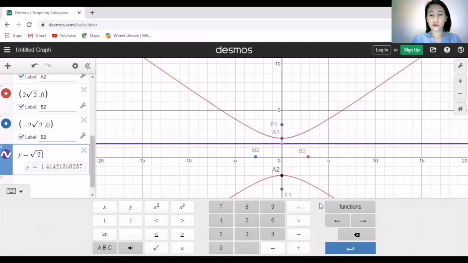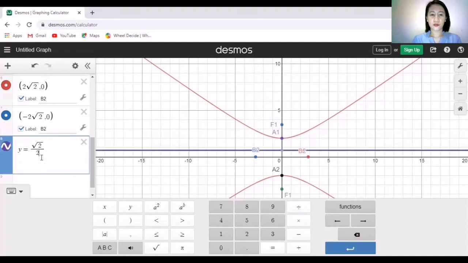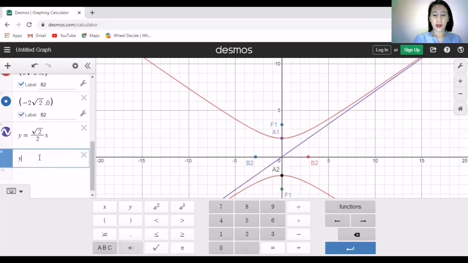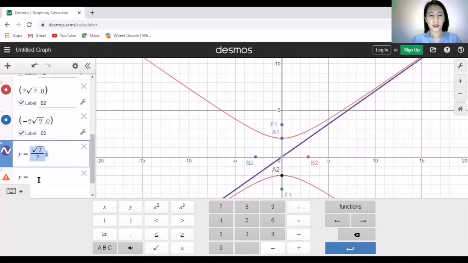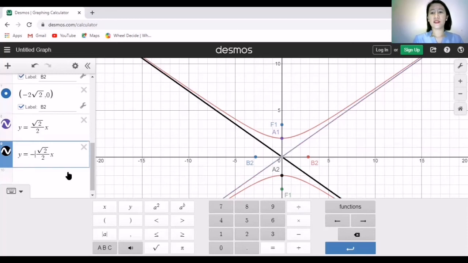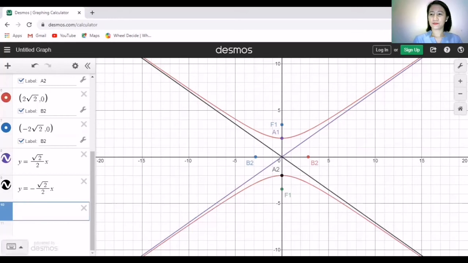Then put space before you click on the negative sign. Divide by 2, then space again, then x. There. And the last one, y is equal to, we may just copy this one and then put negative sign. That will be easier. Then that's it. We now have the graph of the hyperbola.